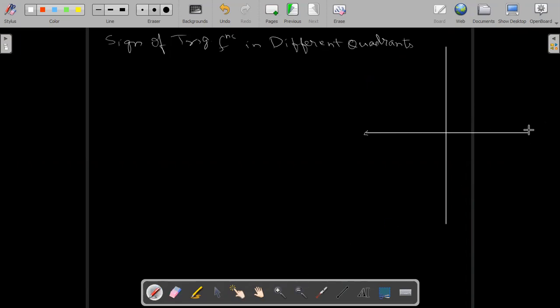So we have seen that here, this is called first quadrant, and this is our second quadrant. This is our third quadrant, and this is our fourth quadrant.